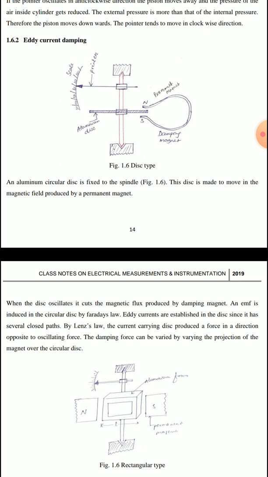And as the disc is connected mechanically to the spindle, the spindle avoids unnecessary movement. The damping is provided in this system with the help of the eddy current. So oscillations are removed and the pointer comes to the steady state position.